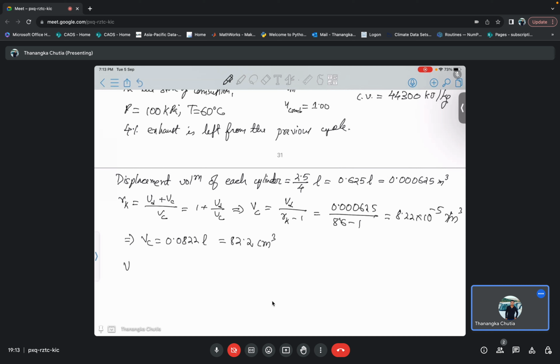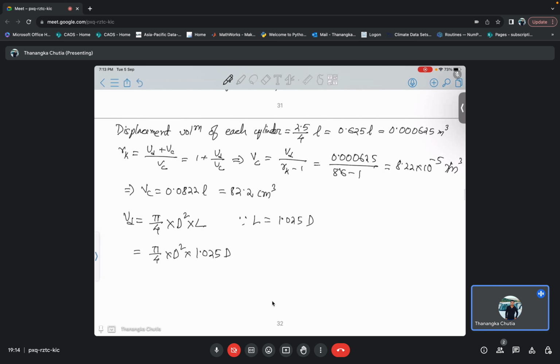Now therefore Vd, we can also write this as pi by 4 into d square into L. Yes or no? Again, since L is equal to 1.025 d, from here what we can write? Into d square into 1.025 d.